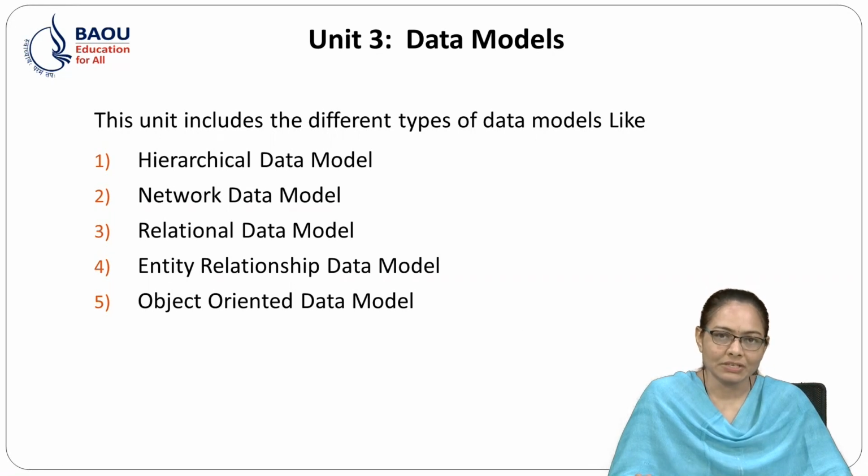In the previous session of Unit 3, in Block 1, we have already discussed three data models, that is hierarchical data model, network data model, and relational data model. Today, we will discuss the remaining data models of Unit 3 in Block 1, that is entity relationship data model and object-oriented data model, and a comparison between all these models.